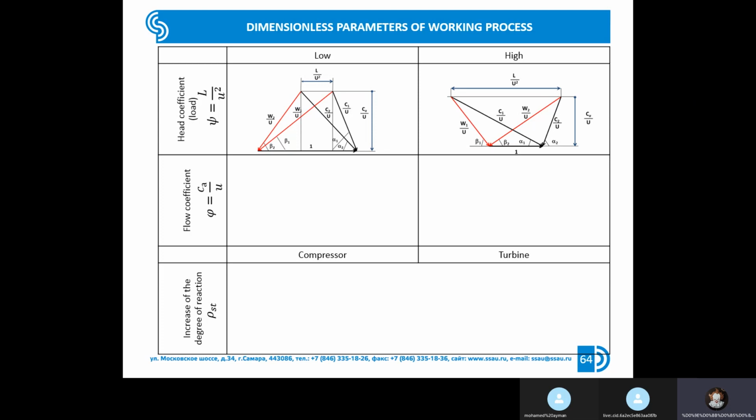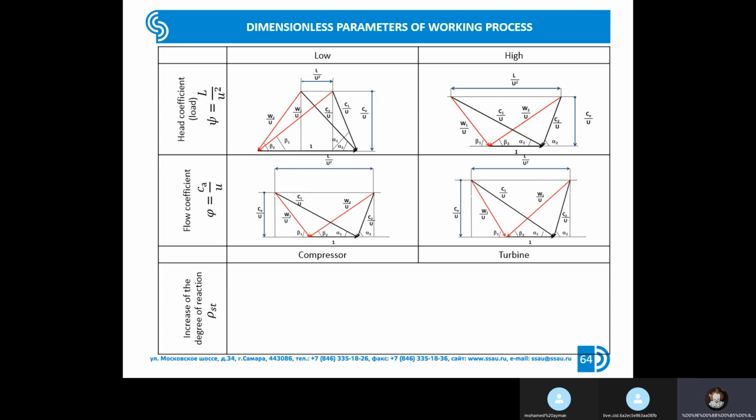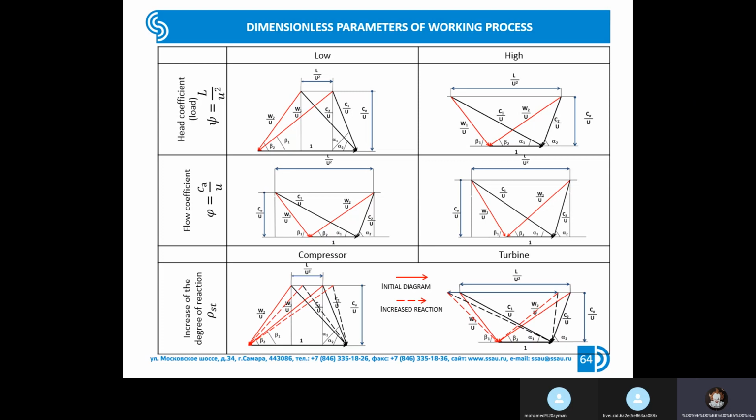If you increase the flow coefficient, you increase the height of the triangle. If you reduce it, you make it smaller. And when you change the degree of reaction, you change the position of the upper base relative to the lower base. So it means like this.